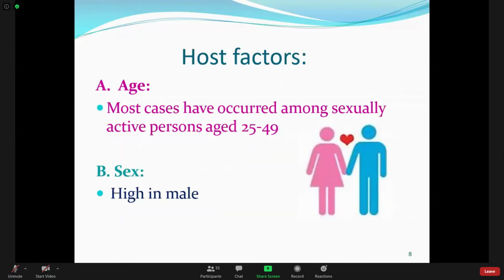Okay, host factors. Agent we discussed, and now the host. Mainly this is a disease of the productive age group. HIV/AIDS or HIV positive is mainly found in the 25 to 49 years age group.